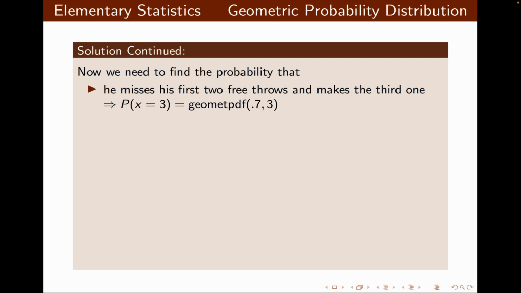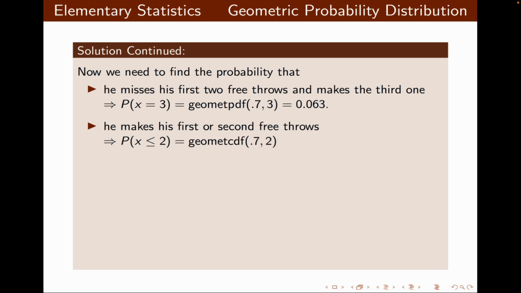For that, we're going to use geometpdf, and the answer is 0.063. To find the probability that he makes his first or second free throw, we want x to be less than or equal to 2. For that, we can use geometcdf, and the answer for that is 0.91.